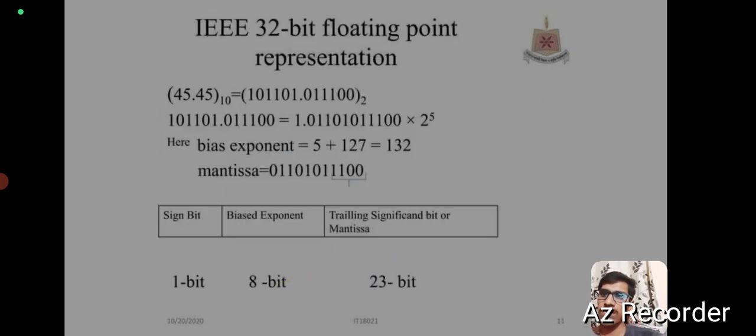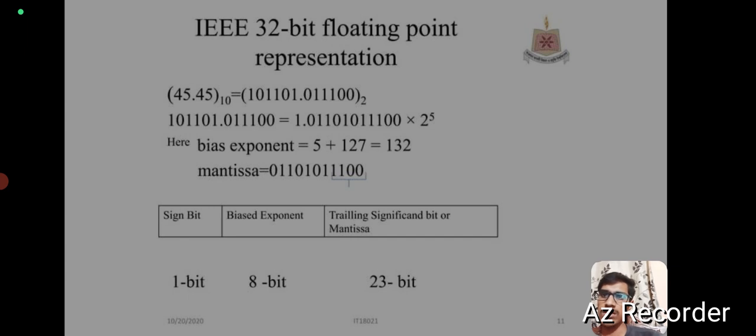Then after we convert it into binary, shift the decimal point so that there is only one digit to the left of the decimal point. It's easy to recognize the mantissa in this way.